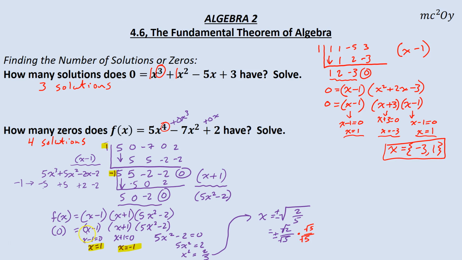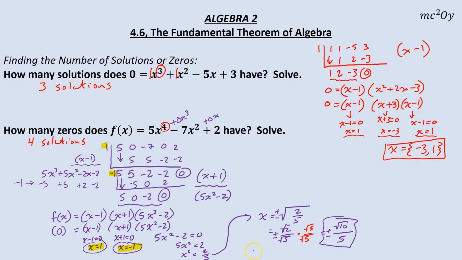And that's going to give me root 10. So root 2 times root 5 is root 10 over root 5, and root 5 times root 5 is root 25, which is 5. And we have the plus minus. Okay, so my solutions now are that, and that, or 1, negative 1, and plus minus root 10 over 5.